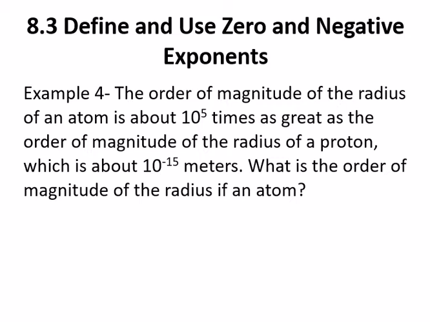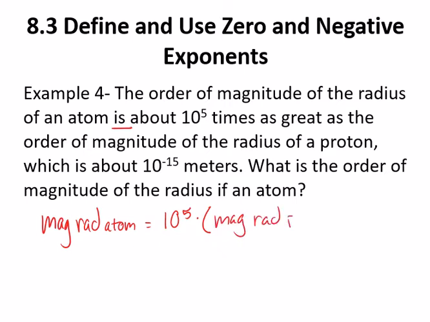So the magnitude of the radius of an atom equals 10 to the 5th times the order of the magnitude of the radius of a proton.